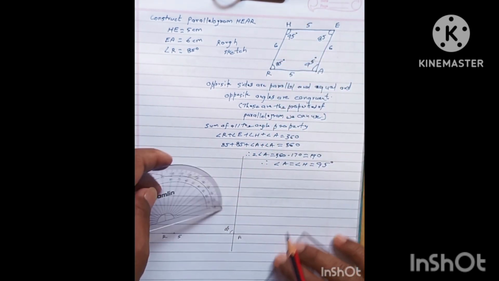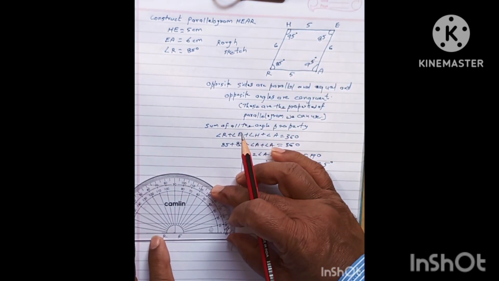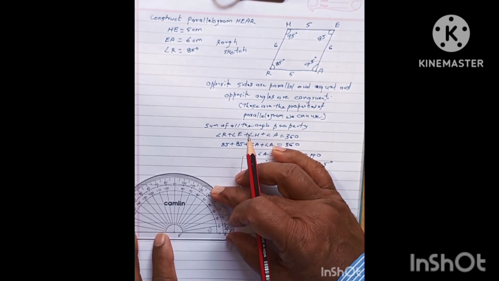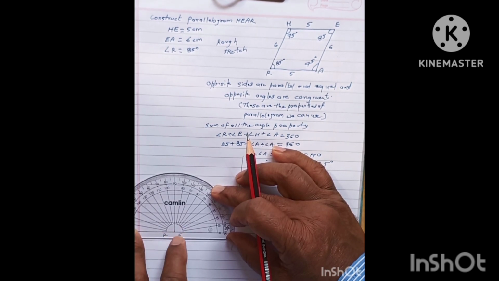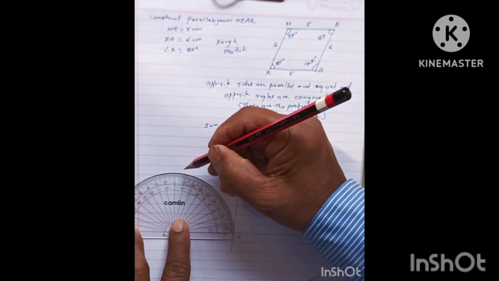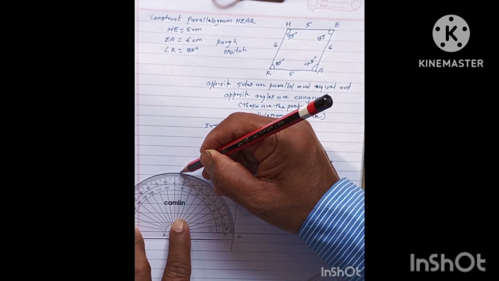We will draw the line for H, that is RH, which is 85 degrees inclined to RA. If you draw this line, then at a distance of 6 centimeters H lies. See, I am taking it exactly at 85.